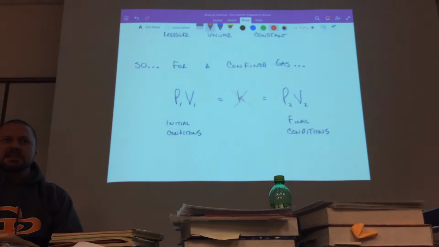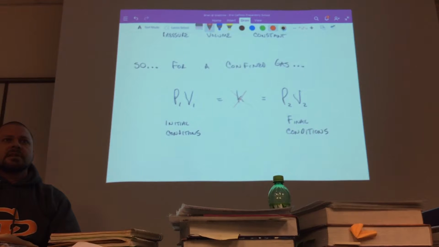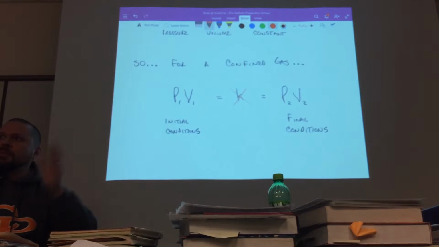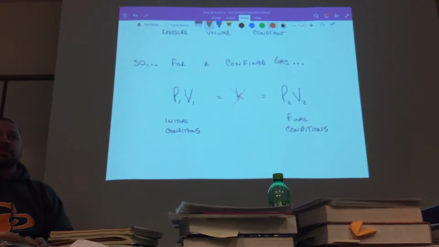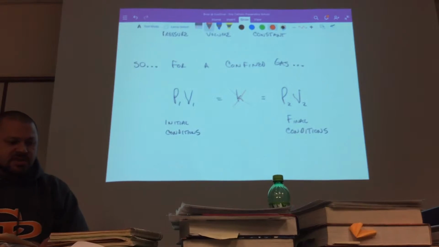So basically what it's saying is this. If I know the pressure and the volume on a gas, and I know what the new pressure is going to be, I can tell you what the new volume is going to be. I can predict it before it happens. Or if I say, okay, I want to change the volume to this, I can predict what the pressure is going to be. Okay, so right now Boyle's just talking about that.